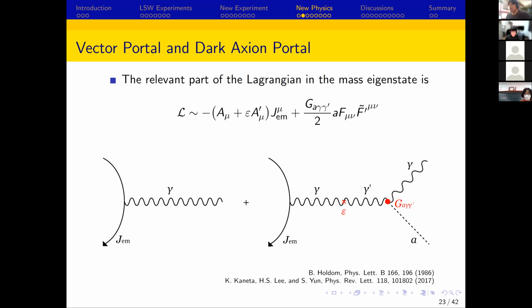Any other questions or comments? I have some naive questions. Usually when we think about axion-photon conversion, we need a magnetic field, right? But in this case, the gamma prime to gamma axion case, we don't need any background magnetic field.